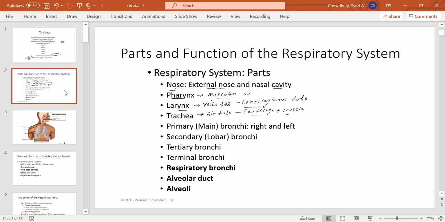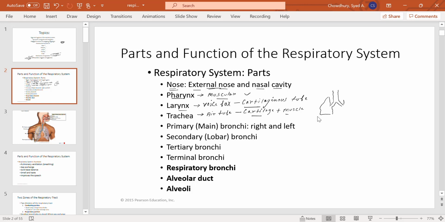Okay, the trachea, the lower end of trachea, if you see, this is the trachea. The lower end divides into two divisions or branches for your two lungs. One goes to the right lung and another goes to the left lung.